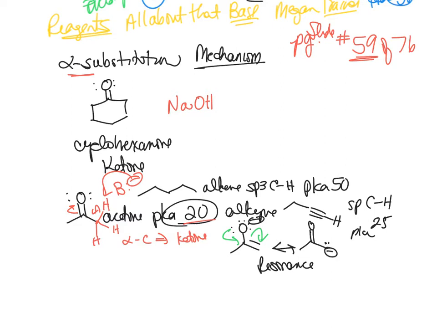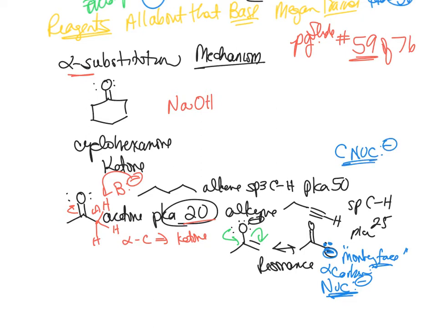I call that my monkey face. Y'all see that? The lone pairs. And then the negative charge. I call that monkey face. Okay, so I might tell you to draw your monkey face. Okay, and you see how that's on that alpha carbon. So that alpha carbon now is a nucleophile. Remember, that's a powerful thing. The nucleophiles, carbon nucleophiles, you name them. What are they? Remember, we started the chapter with the Grignards.